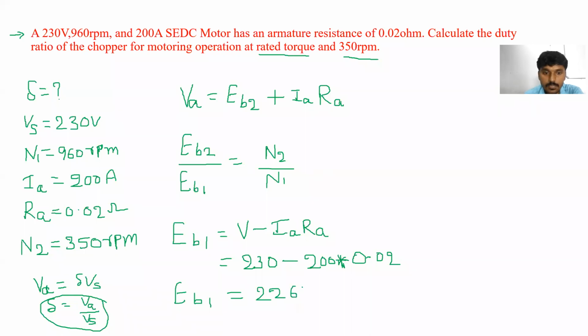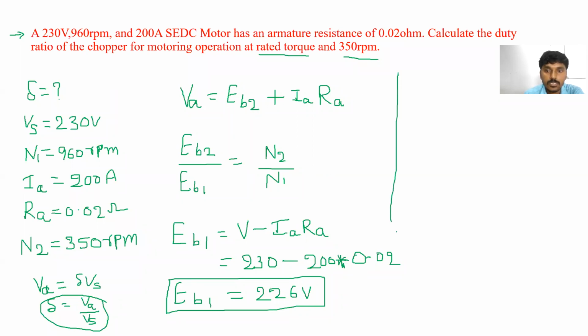Yes, exactly right answer. EB1 is equal to 226 volts. Clear? So now we know the value of EB2, IA and RA, so we can easily find out VA.